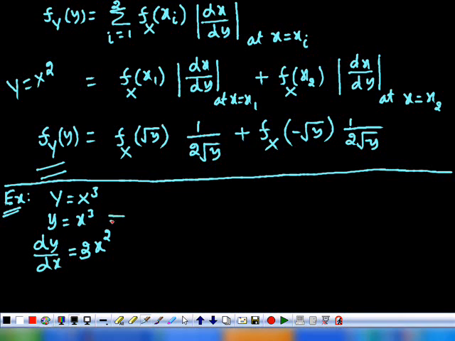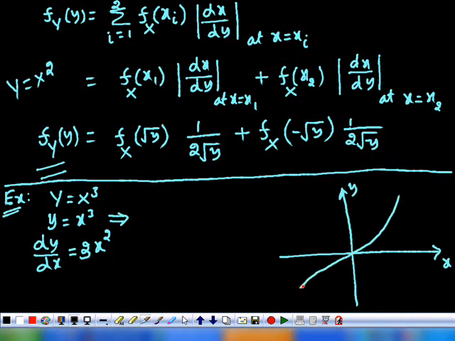Then what is x? See here, we have to consider two different cases, because it is an odd function, it is passing through the origin.